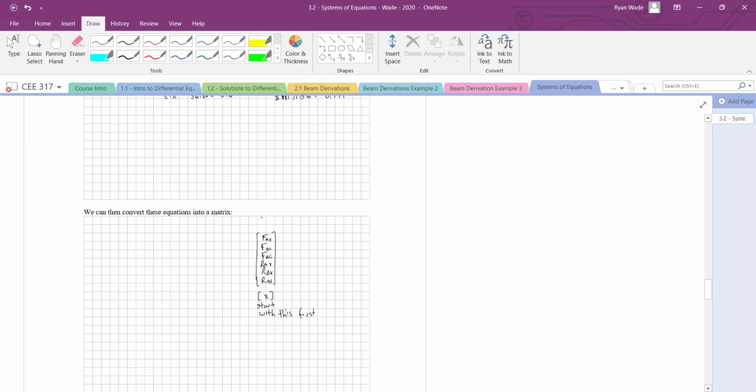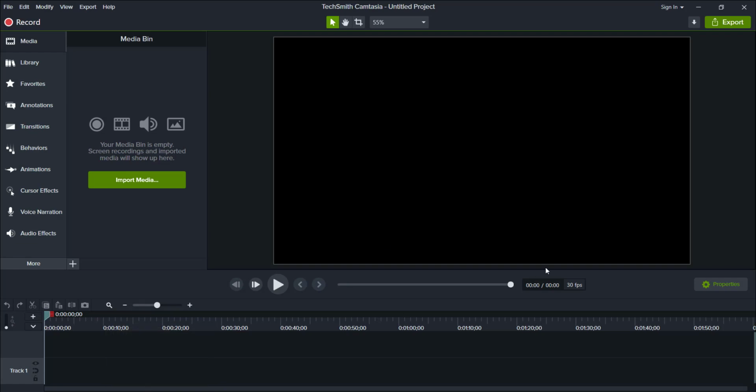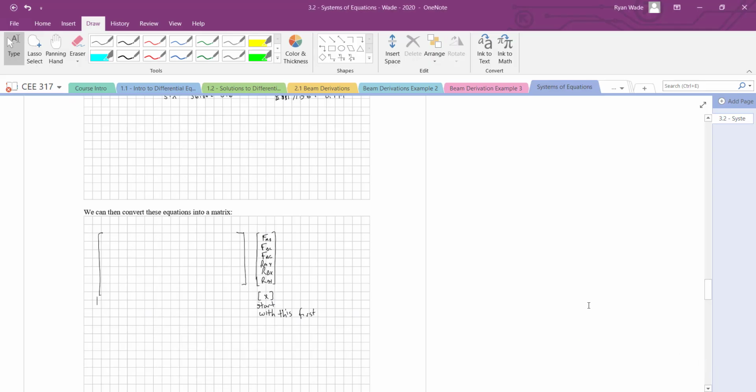I'm going to do that one first. So now I know that I've got my 6 by 1 matrix. I know that I have 6 equations and 6 unknowns, so this is going to be a 6 by 6 matrix. I'm going to try to make this big enough to deal with the entire system. So again, once we've decided how many unknowns we had, we create that X matrix.